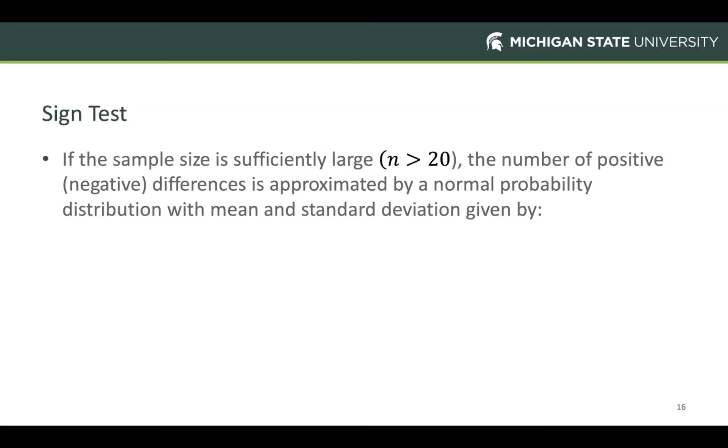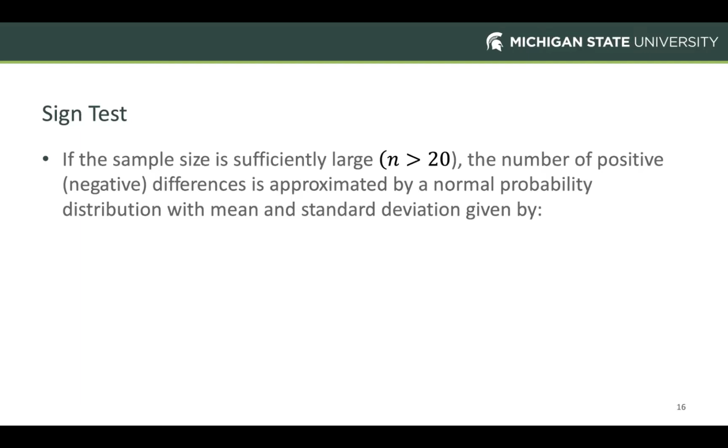All right, perfect. Now, interestingly, if our sample sizes are sufficiently large, and the number you'll see cited frequently in the literature is anything greater than 20, the number of positive or negative differences, or signs, can be approximated by a normal distribution with mean and standard deviation as shown here.